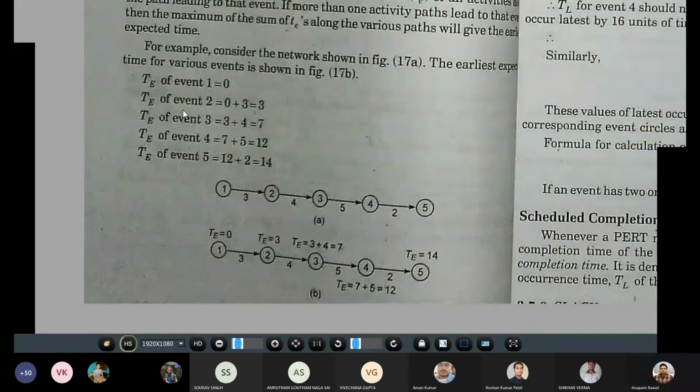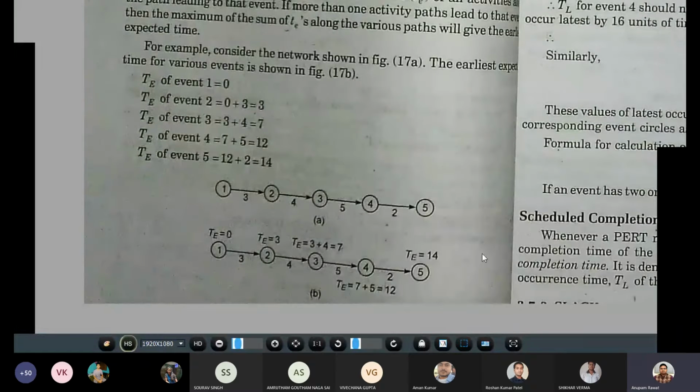So for earliest expected time, we have to do the addition. For event 1 to 2, it will take 3 units. For 1 to 3, it will take 3 plus 4, 7 units. For 1 to 4, it will take 3 plus 4 plus 5, 12 units.